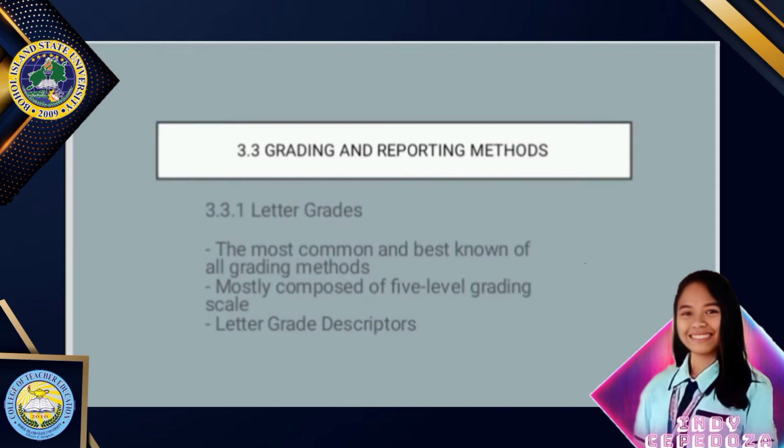Letter grades. This is the traditional grading method and the most common and best known of all grading methods, mostly composed of a 5-level grading scale, using the letters A, B, C, D, and E or F with letter grade descriptors, with A indicating excellent, C indicating average, and F indicating failing.